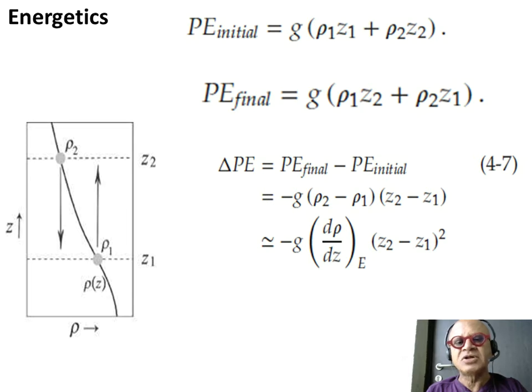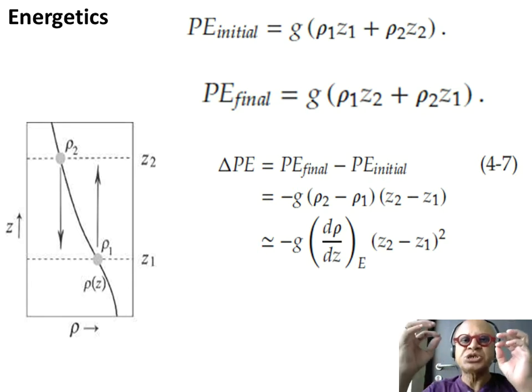It is minus g times (ρ2 minus ρ1) times (z2 minus z1), which is approximately equal to minus g times dρ/dz times delta z, which is what we had done before, right? So it's a very simple way to look at how the potential energy of the system is changed by displacing the parcels up and down respectively.